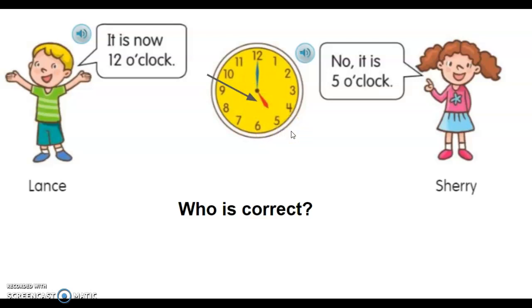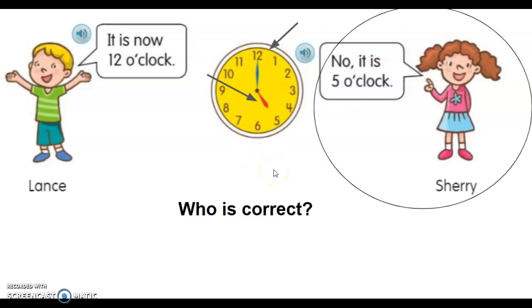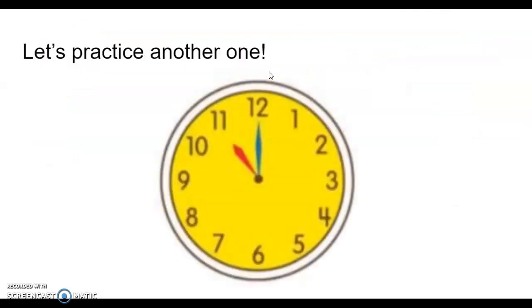I'm sure some of you guys have an answer now. And our minute hand is pointing to the 12, which remember is o'clock. So it is 5 o'clock. So who is correct, Lance or Sherry? It is Sherry. Sherry is correct. It is 5 o'clock. Good job, Sherry.